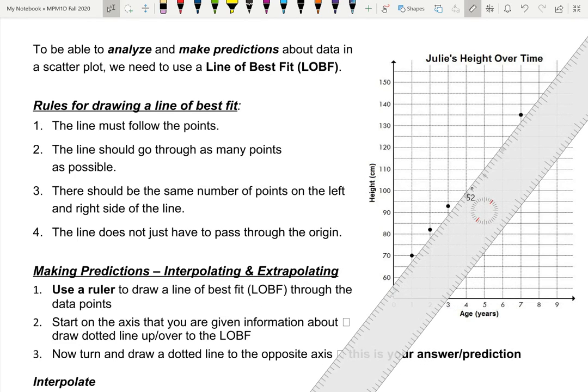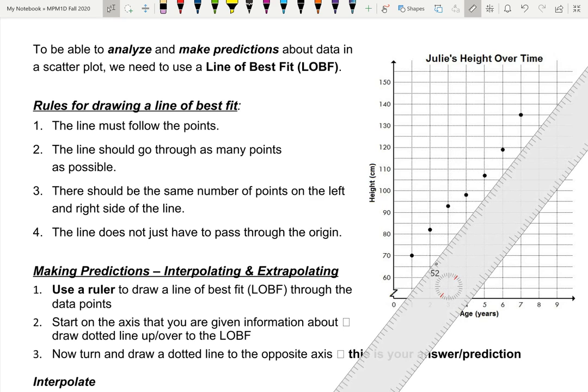The line should go through as many points as possible. But if we don't have a perfectly straight line of points, then obviously you're not going to go through all the points, but you're going to try to go through as many points as possible.